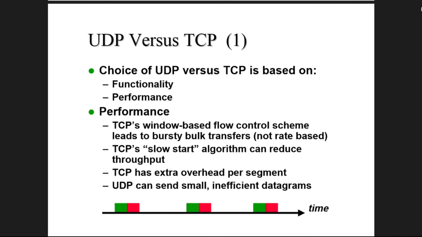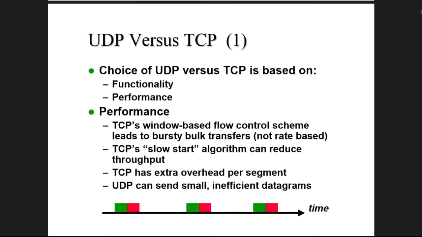That means TCP can send data in bulk. And TCP's slow start algorithm can reduce throughput. Slow start means data is passed from source to destination slowly, so it reduces the throughput.